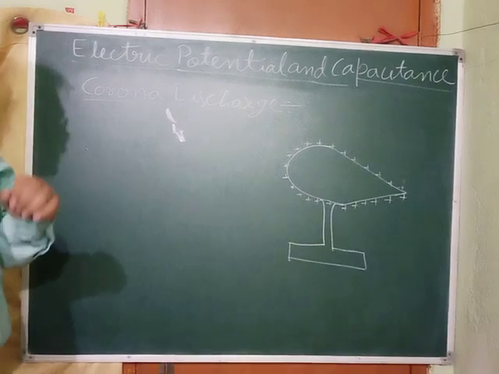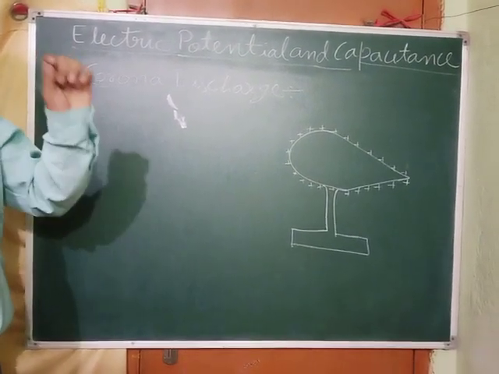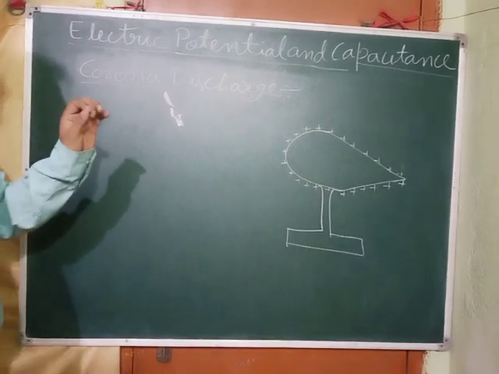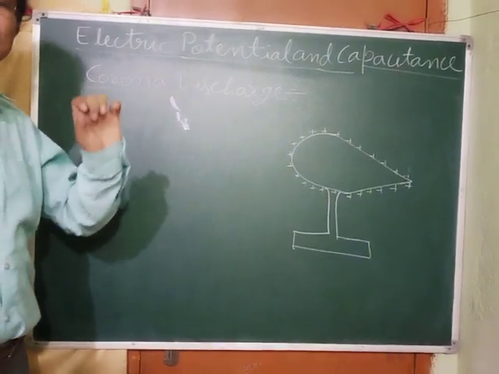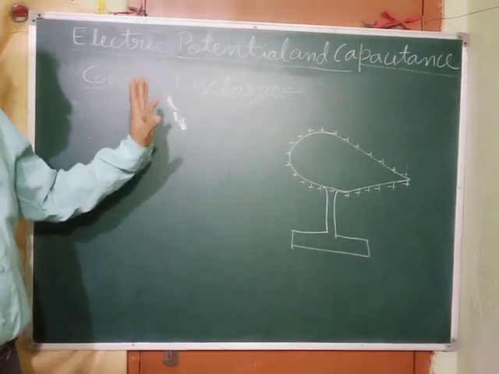Again I am repeating: the process by which the pointed end of a conductor gets discharged is called corona discharge.